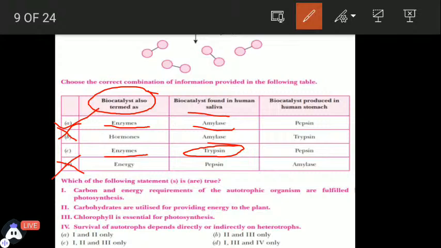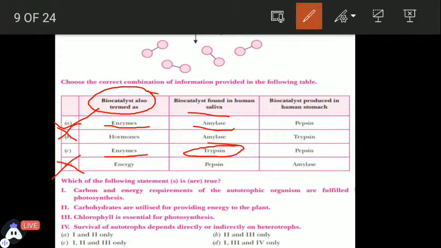The next question. Which of the following statement or statements are true? First, carbon and energy requirements of autotrophs are fulfilled by photosynthesis. Second, carbohydrates are utilized for providing energy to the plants.